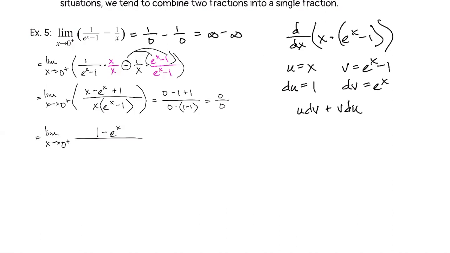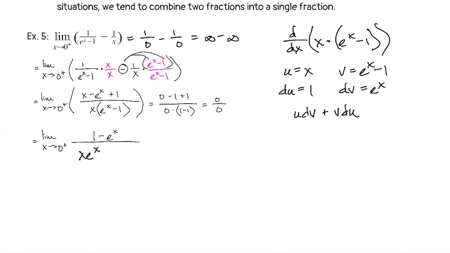That gives us x e to the x plus e to the x minus 1 times 1. Once we've done that, let's plug in 0 again and see what we get. On the top, we get 1 minus 1 over 0 plus 1 minus 1. So we still have the indeterminate form. That means L'Hopital's one more time.